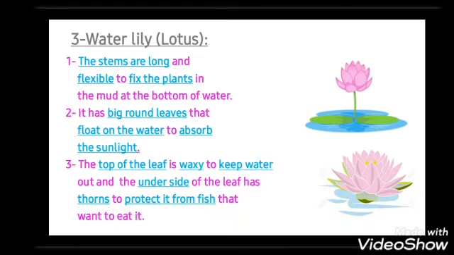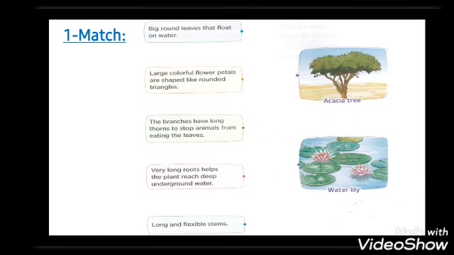The top of the leaf is waxy to keep the water out, okay? And the underside of the leaf has thorns to protect the water lily from being eaten by the fish in the water.